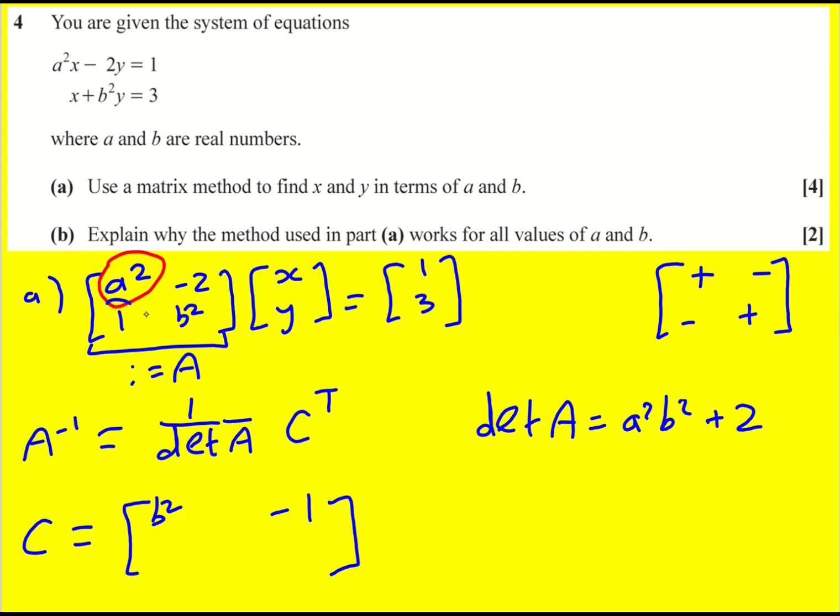Keep going. If I pick this one, I'm going to get minus 2, but then I'll make the negative of that, so it'll become 2. And then finally, pick the b squared one, cross it all out, I'm going to get a squared, and it's going to be positive because it's minus 1 to the power of 2 plus 2.